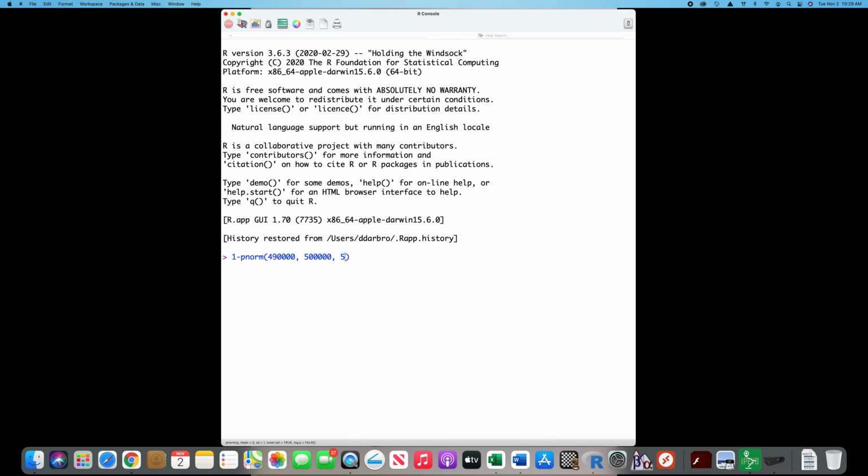And the standard deviation was 50,000 divided by the square root of 50. So the likelihood of getting 50 houses that have a mean price of 490,000 or higher is, well, the probability would be 0.92, right at 0.92.